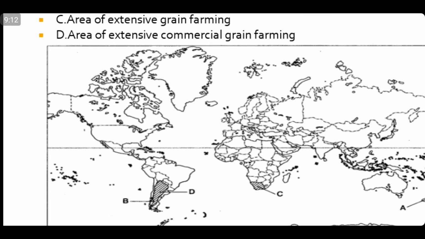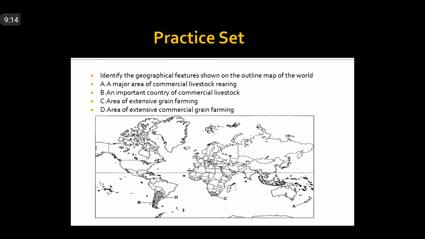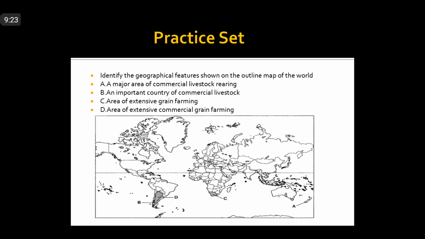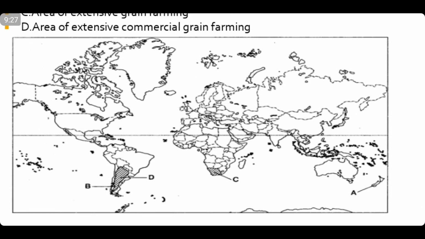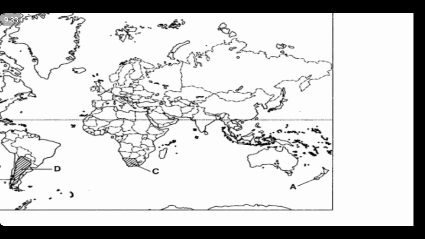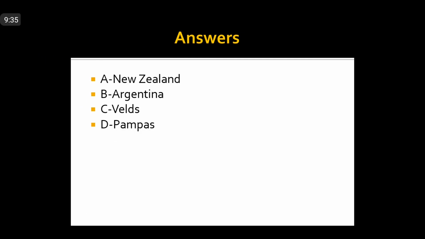Okay, so what will you do here? All these are information with the help of which you'll have to write down the answer. For example, A is given as a major area of commercial livestock. Find out where is A. A is given here. Look at this A. A, New Zealand. Okay, an answer I have given you. New Zealand, then B, Argentina, Wales, and Pampas.